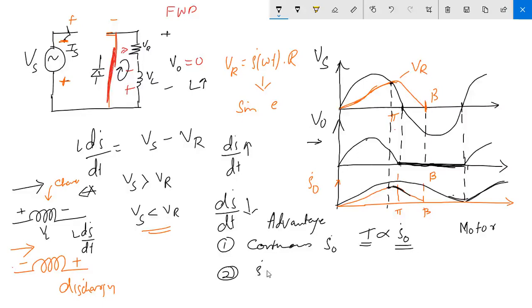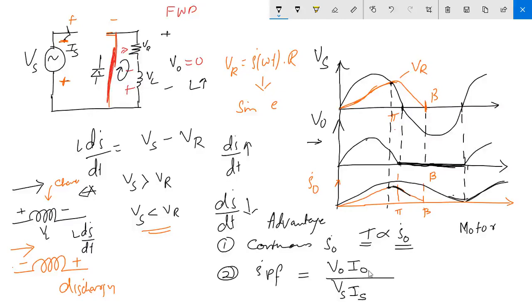The second advantage is that your input power factor is improved. Now what is the input power factor? You can say that the input power factor is the power delivered to the load, V naught into I naught, divided by the power delivered from the source, Vs into Is.